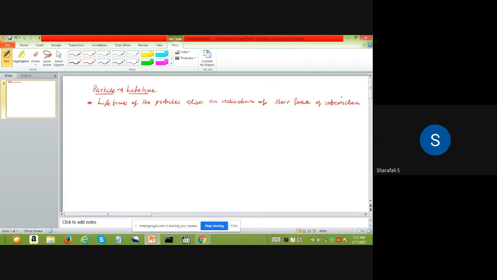If you consider the lifetime of these particles, it also indicates which kind of force is acting between those particles, or if the particle is decaying, what kind of force of interaction is there. That can be derived from the lifetime of the particle.